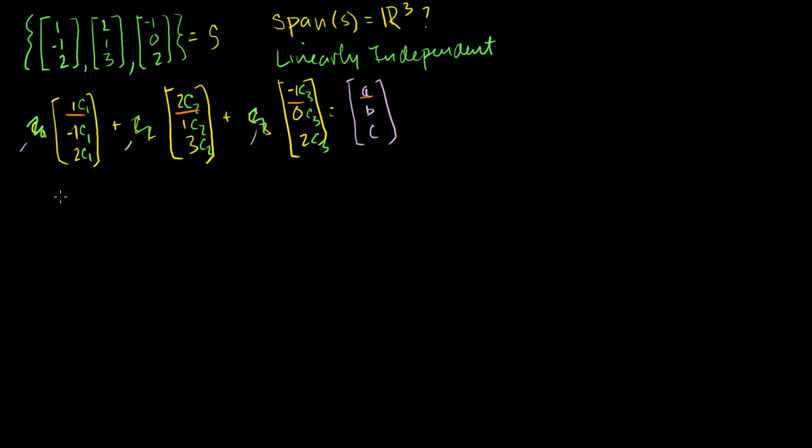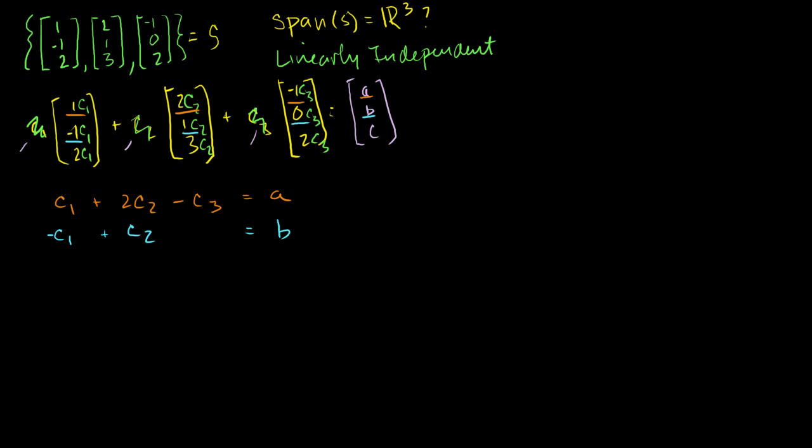We get c1 plus 2c2 minus c3 will be equal to a. Likewise, we can do the same thing with the next row. Minus c1 plus c2 plus 0c3, so we don't even have to write that, is going to be equal to b.